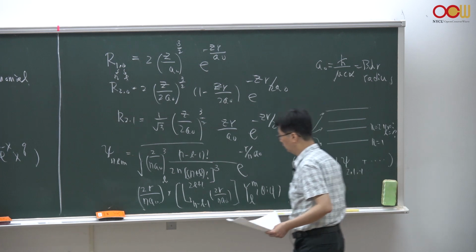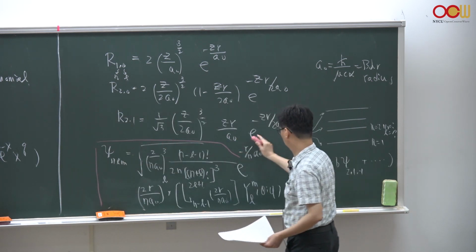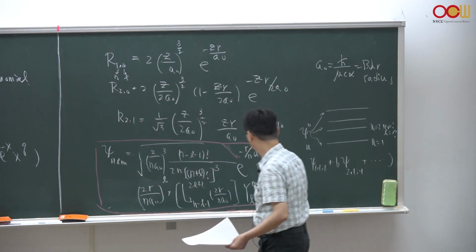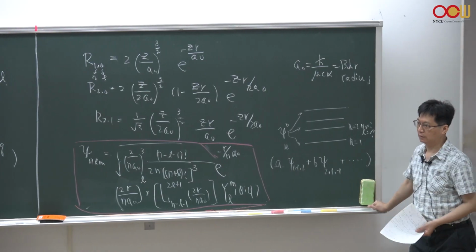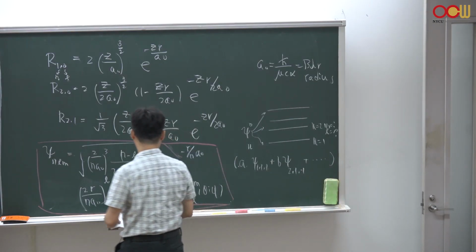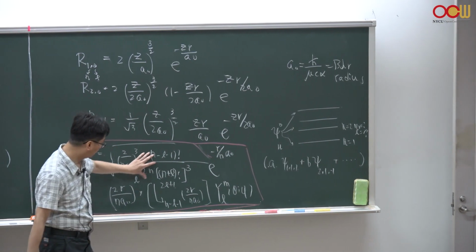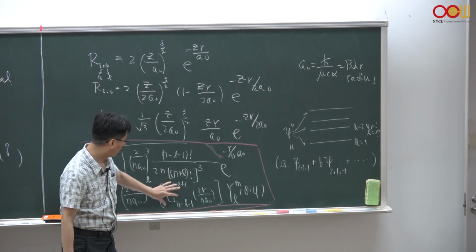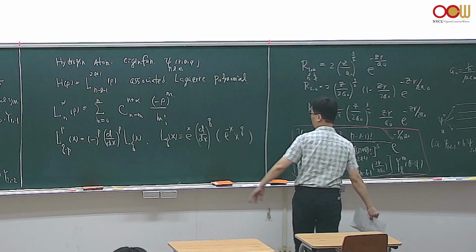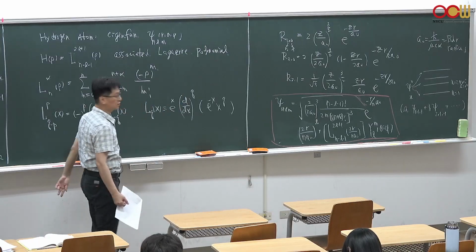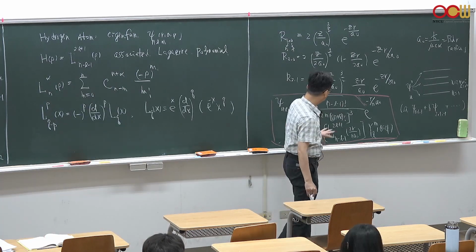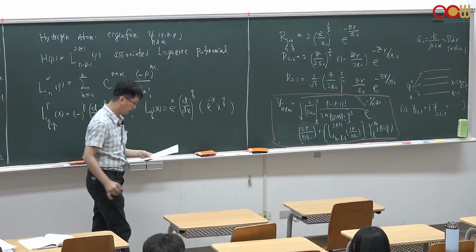This is the final answer for the hydrogen atom: the most general eigenfunctions that satisfy the Schrödinger equation, which carry a radial part and an angular part. The radial part contains a special function called the associated Laguerre polynomial, h of rho, and you can show that this is a normalized eigenfunction.